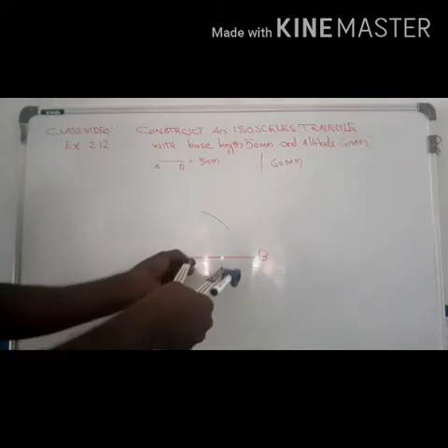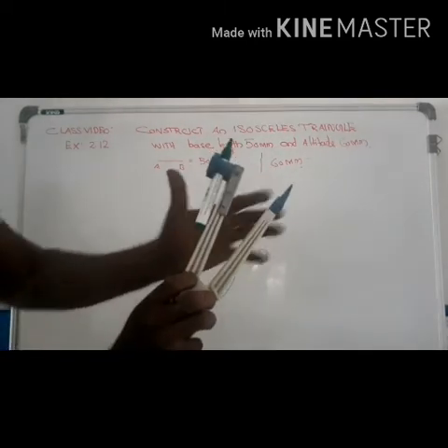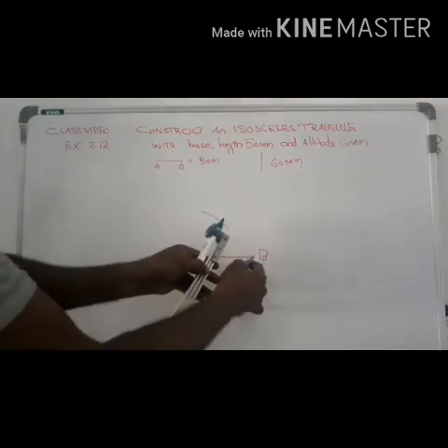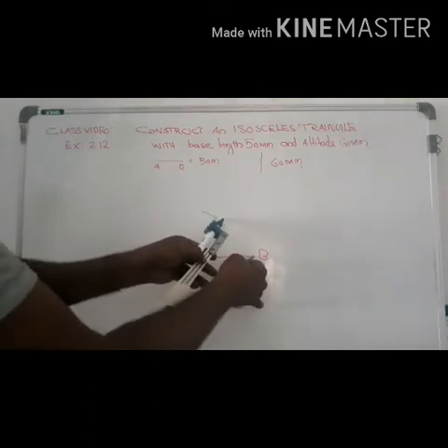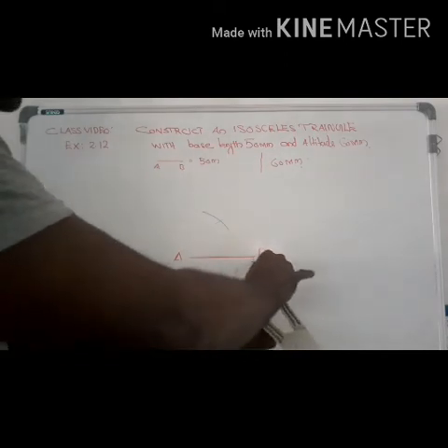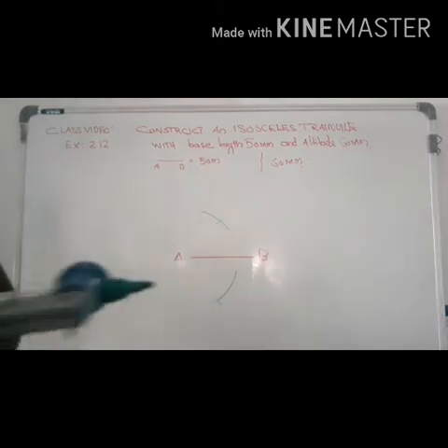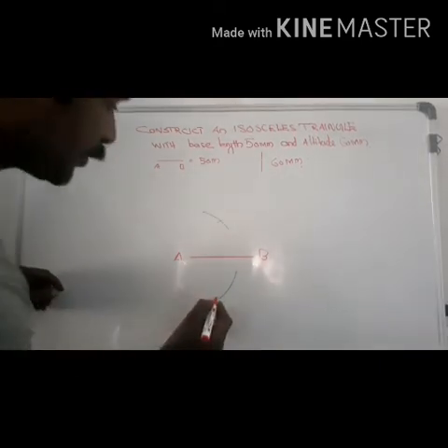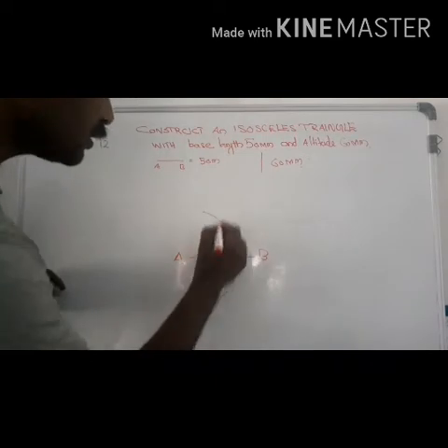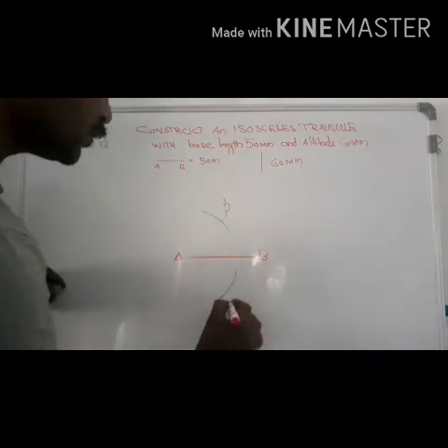Similarly, draw an arc on the lower side. Reset your compass point on B, draw another arc on the upper side, and similarly draw an arc on the lower side. Then we get two intersecting points, called P and Q.